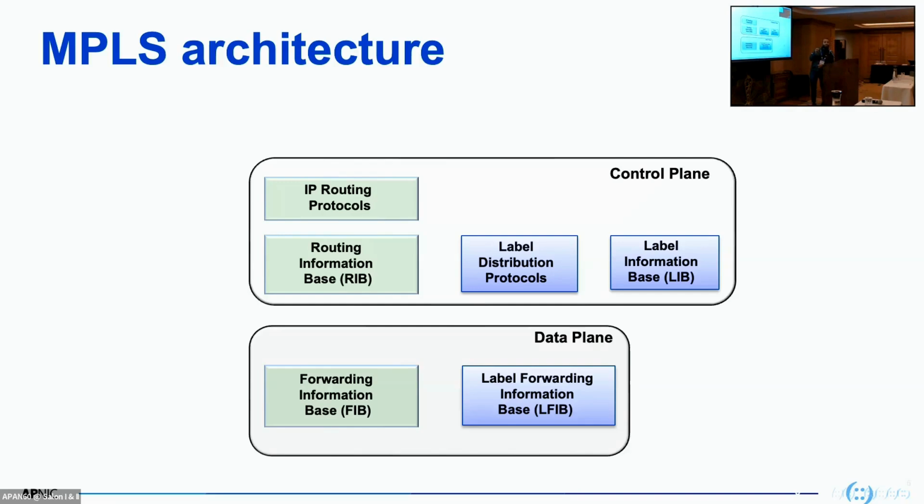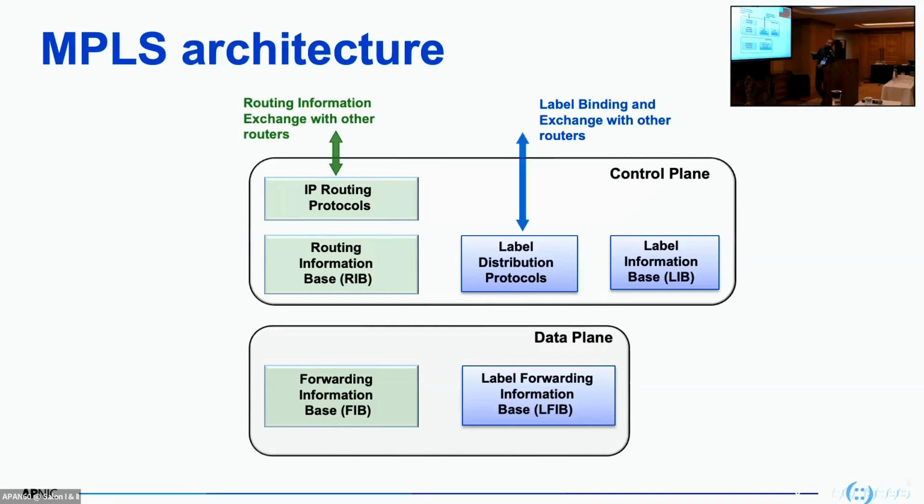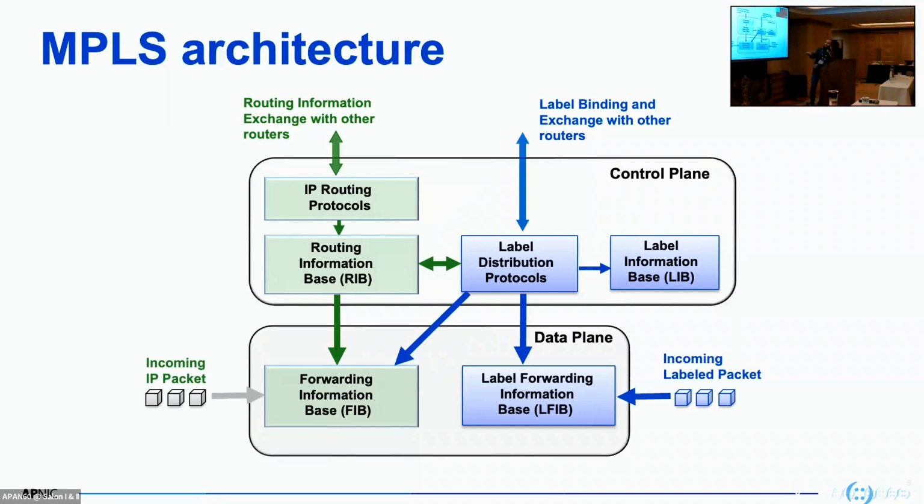The label information base, along with the forwarding tables, finally brings the label forwarding information base, which is the label table that will be used if a labeled packet comes. So there are now two types of forwarding tables. If an IP packet comes, you look at your IP routing or forwarding table. If a labeled packet comes, you look at your label forwarding information base.